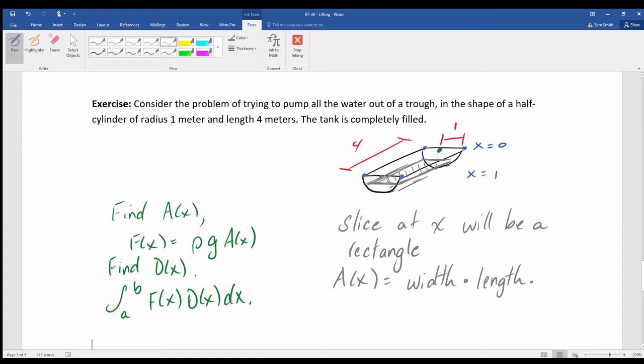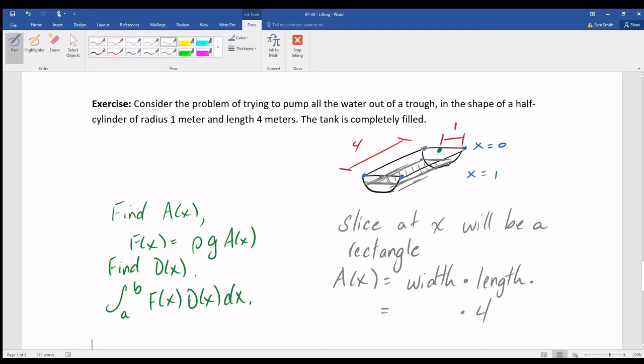Now this cylinder is length 4, and if you look at this drawing closely, you can see that no matter what slice we take, the length of that slice will be 4 as well. However, the width of the slice is changing as we move up and down on the cylinder.